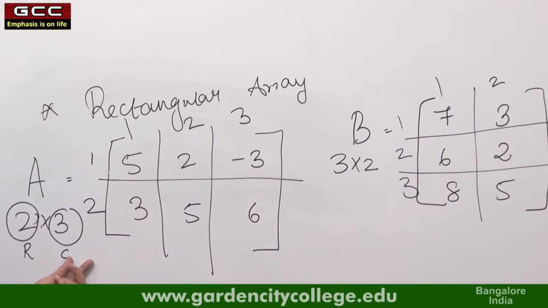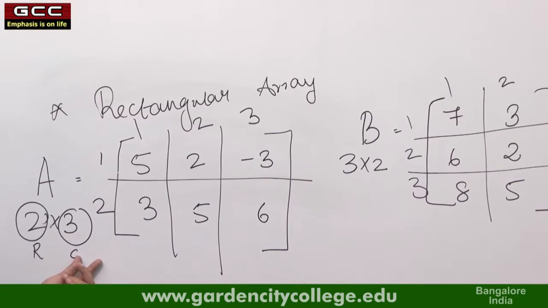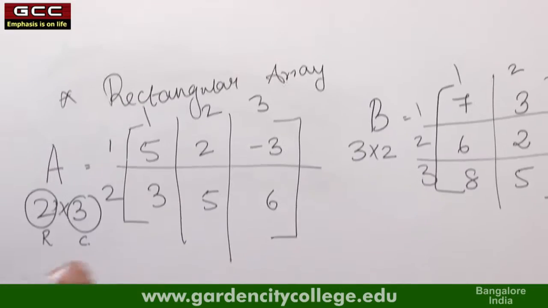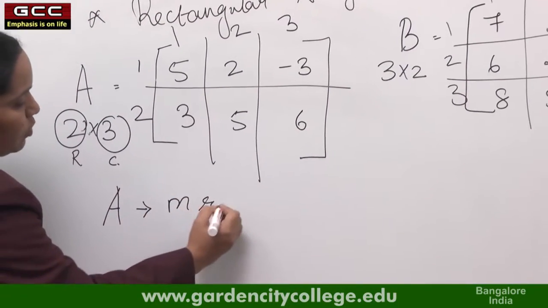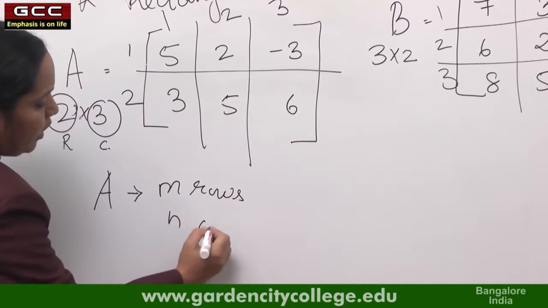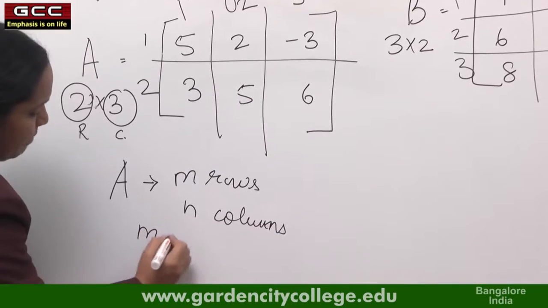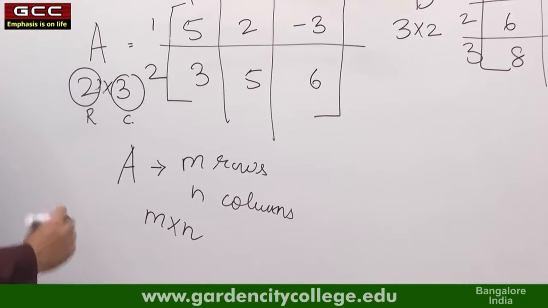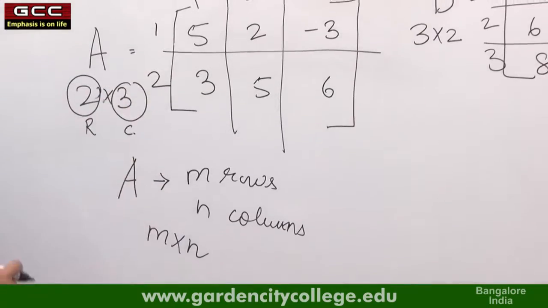Generally, if A is a matrix with m rows and n columns, then the order is m by n. So, we say A is a matrix of order m by n. This is the basic definition of a matrix.